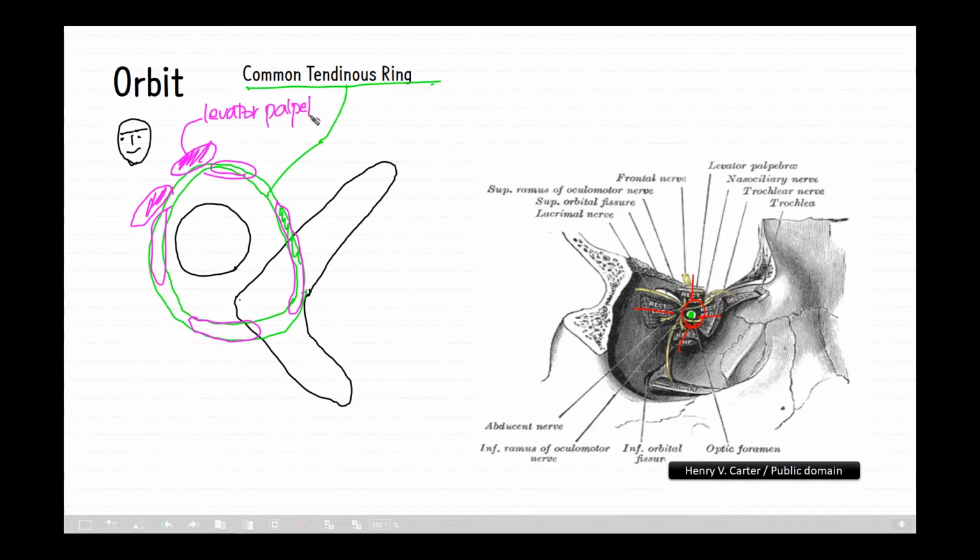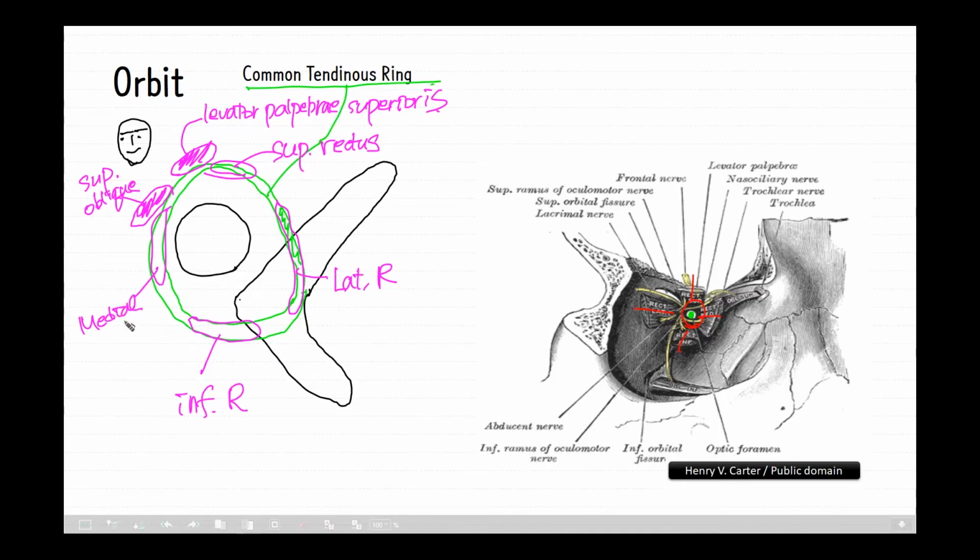Levator palpebrae superioris, and this is superior oblique, and the others are rectus: superior rectus, inferior rectus, lateral rectus, medial rectus.